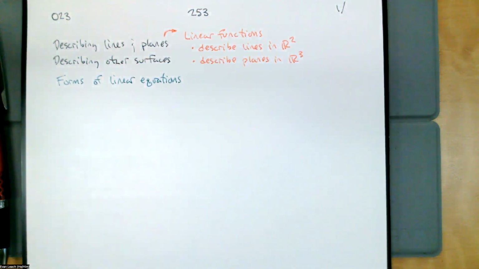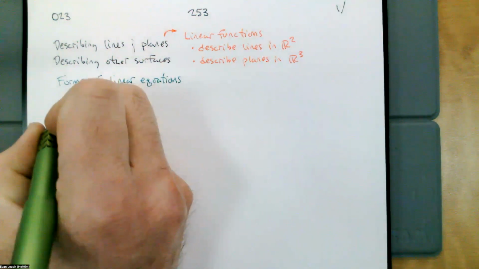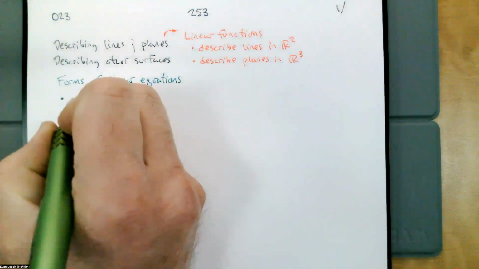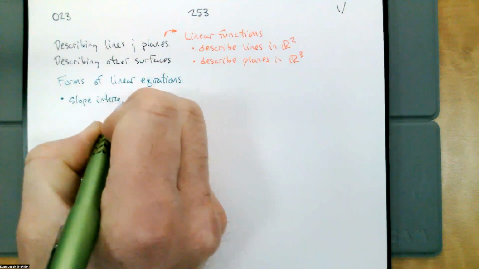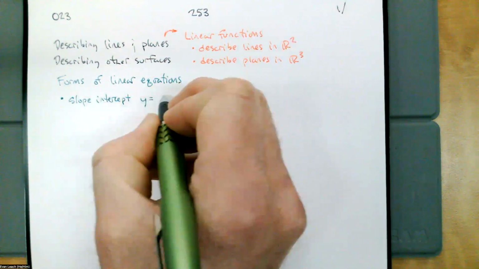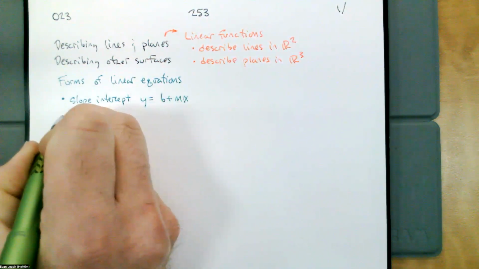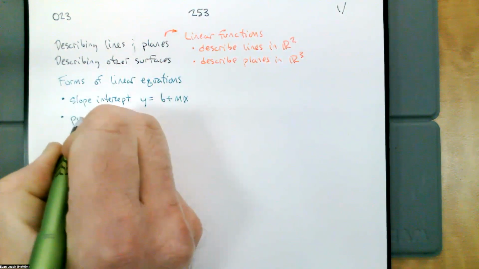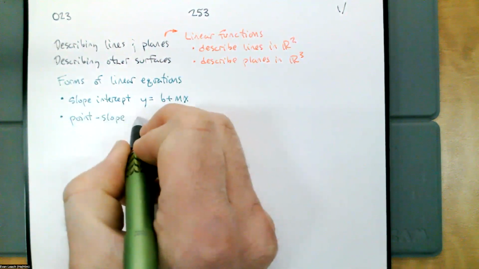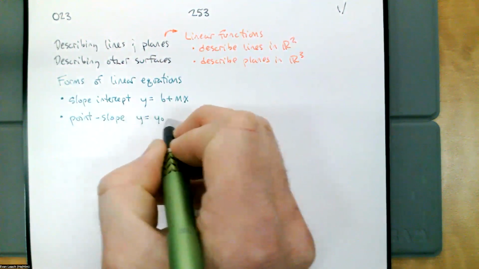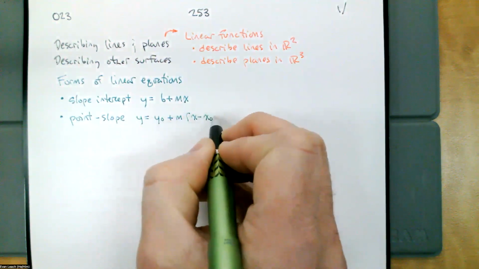In R2, we had names for them. We had slope-intercept, y equals b plus mx. We had point slope, y equals y naught plus m times x minus x naught.